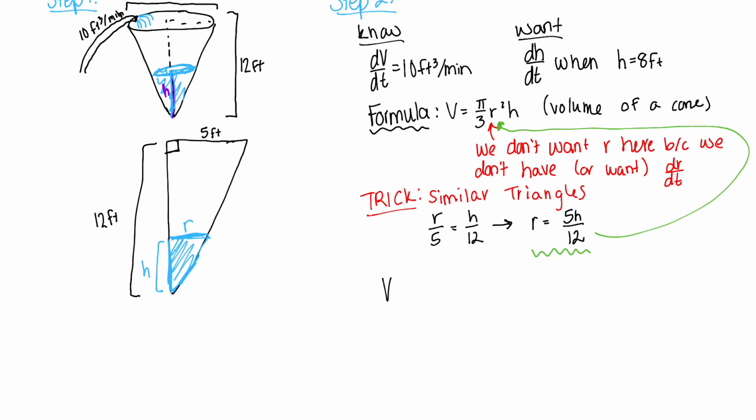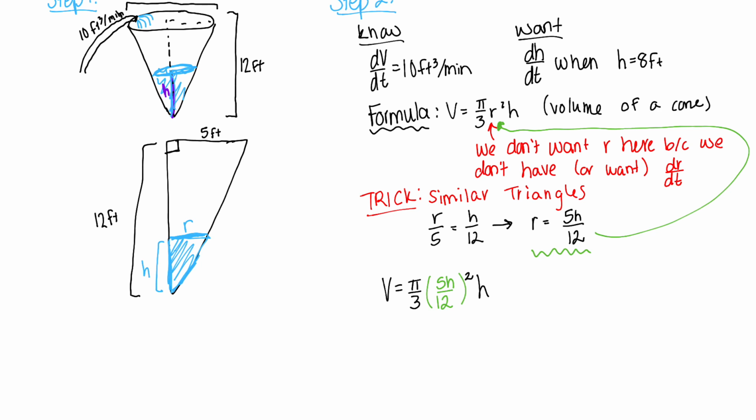So the formula becomes V equals pi over 3, and then instead of r, we have 5h over 12 squared times h. This is all to avoid having r's in our volume.